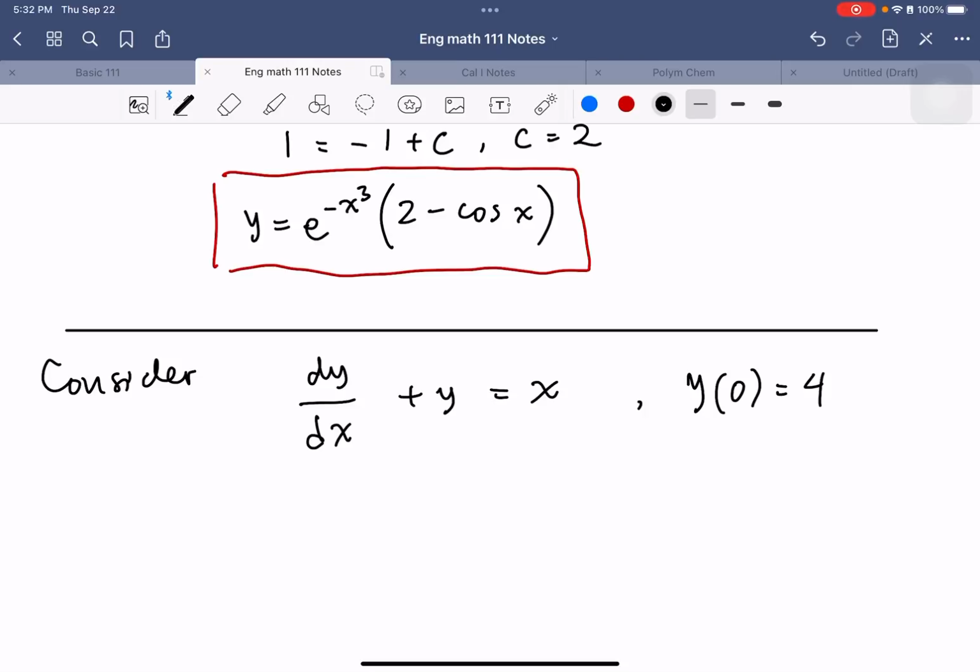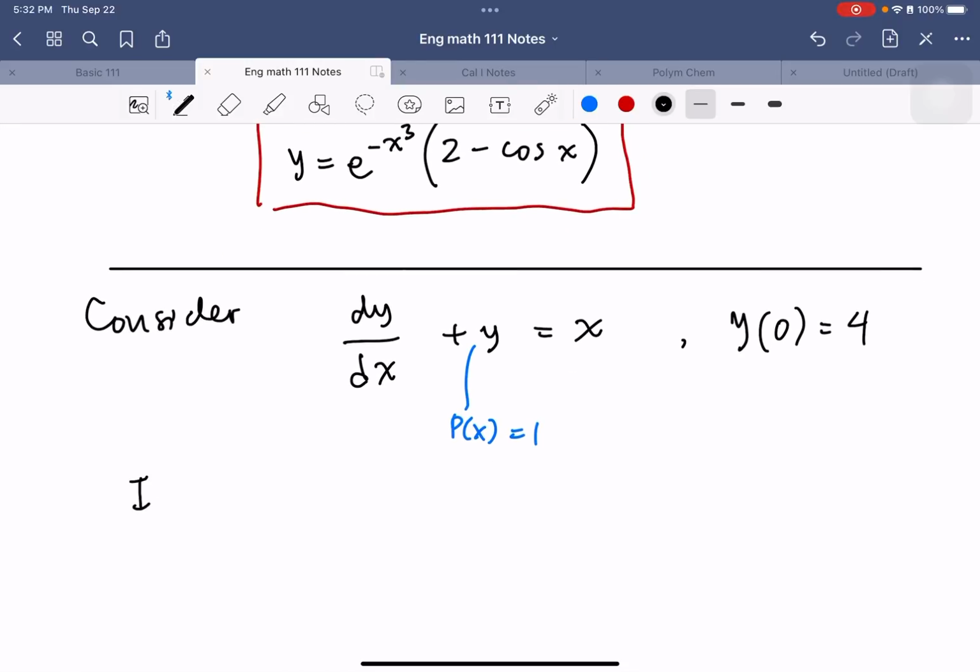This is really standard. First, we match up with our p(x), and we know that p(x) here is equal to 1. So we can take the integrating factor. Remember, the integrating factor is always e to the power of the integral of p(x) dx, which means we just have e to the x.